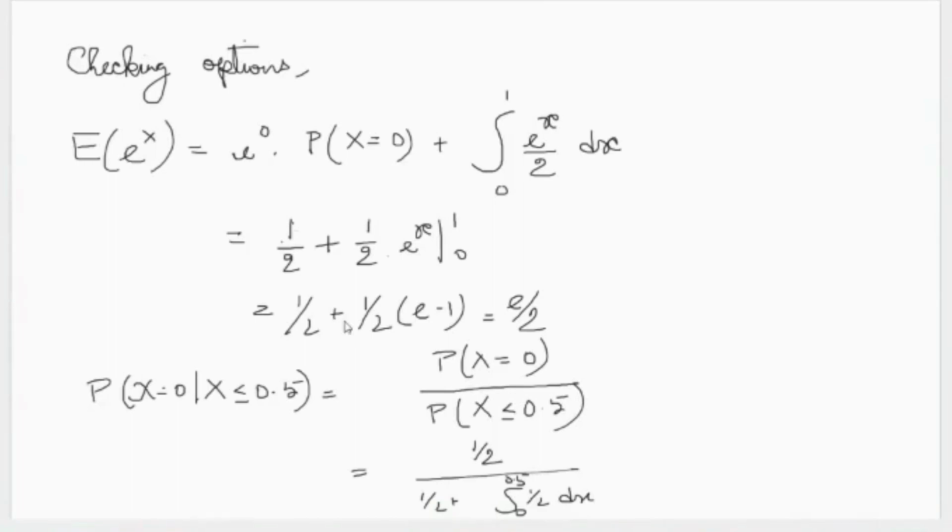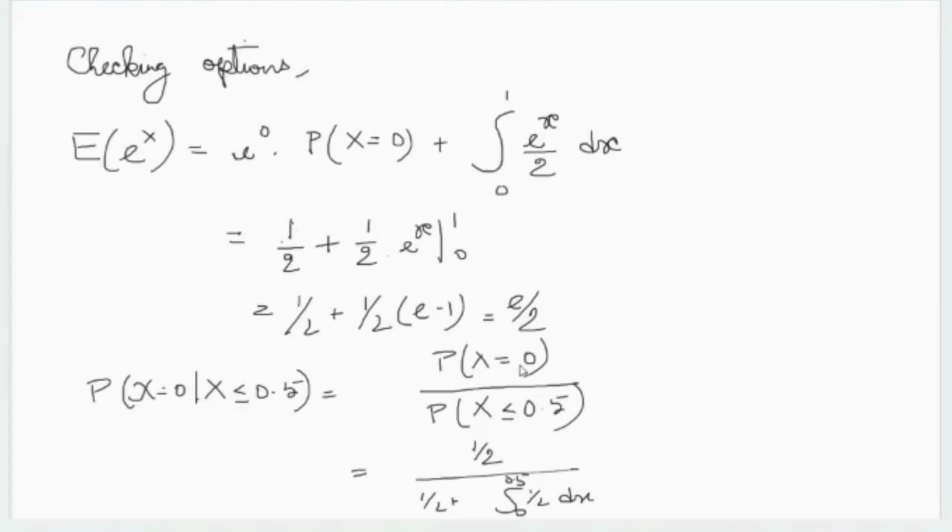So e to the power 0 is 1, probability x equal to 0 is half, so it's half, plus we just take the half outside, and half into e to the power x is running from 1 to 0. So it's half plus half into e minus 1. So the two halves get cancelled, and the answer is simply e by 2.